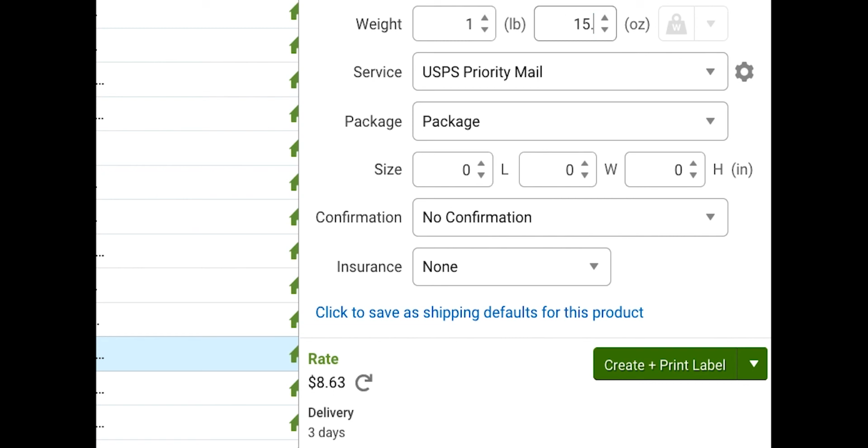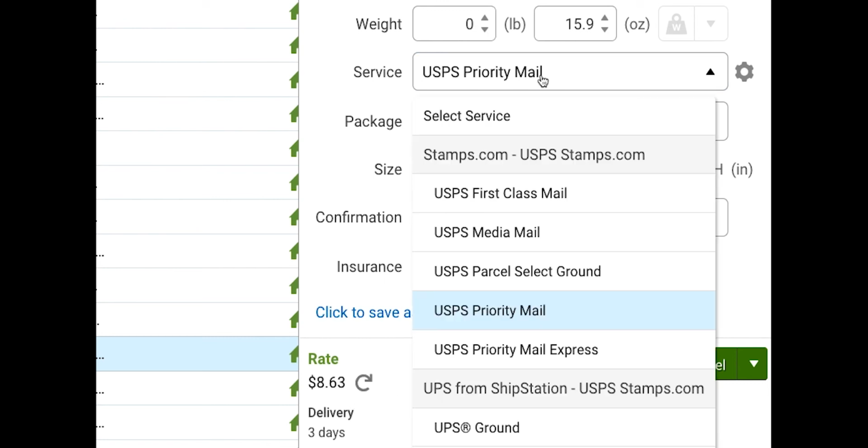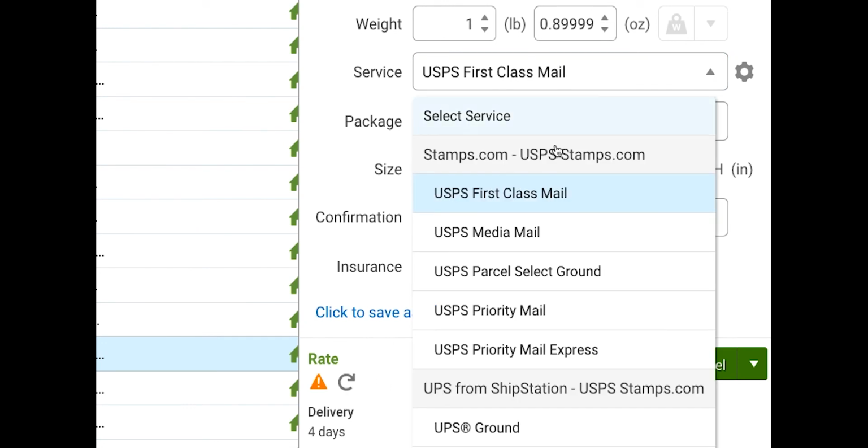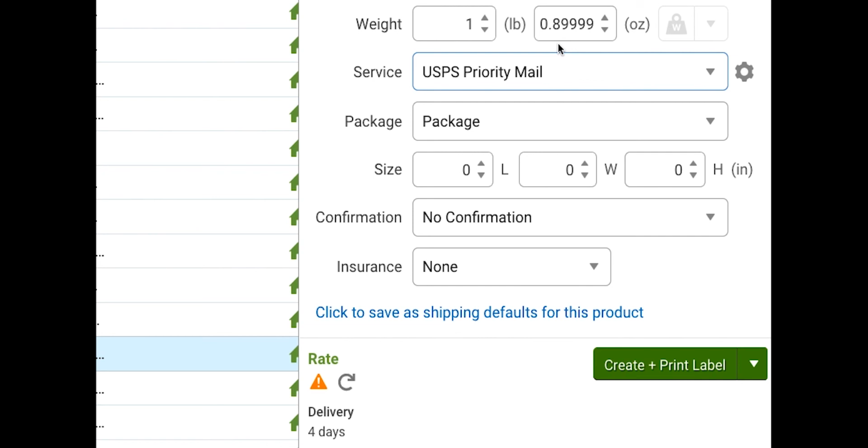Even if I'm at 15.9 ounces, I'm still in that category of first class mail, which is $5.72. So $3 difference really by adding a hair more of packaging here. Boom. Now I have to use priority mail. It's really important to understand these little nuances when you're shipping your packages.